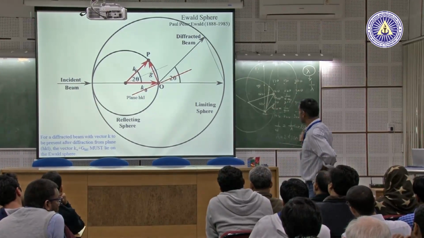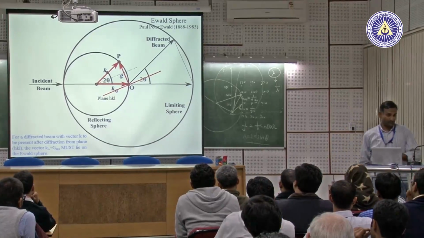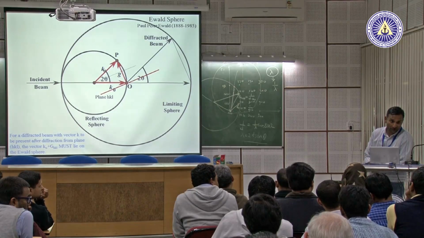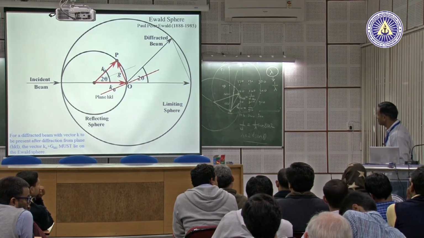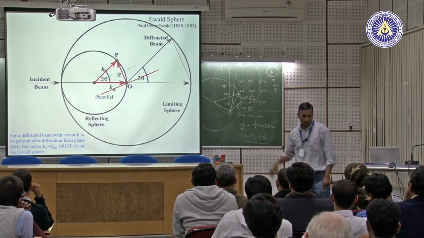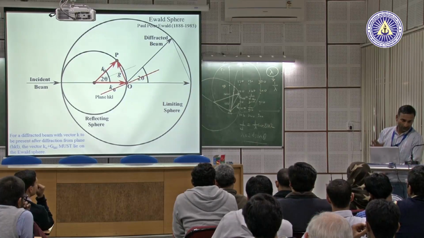Because if you change the orientation of the beam, you change the orientation of the Ewald sphere with respect to the reciprocal lattice, and the point will not diffract. The necessary condition is that for any point to diffract, it must intersect the surface of the Ewald sphere.